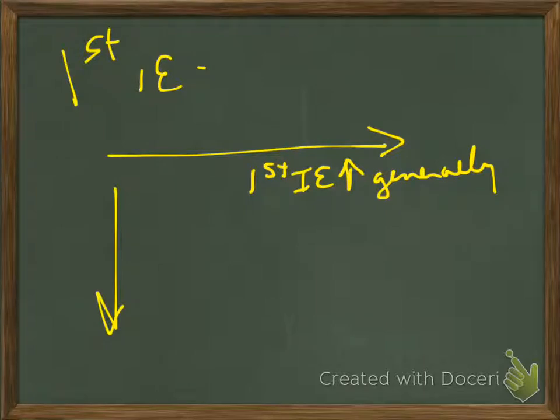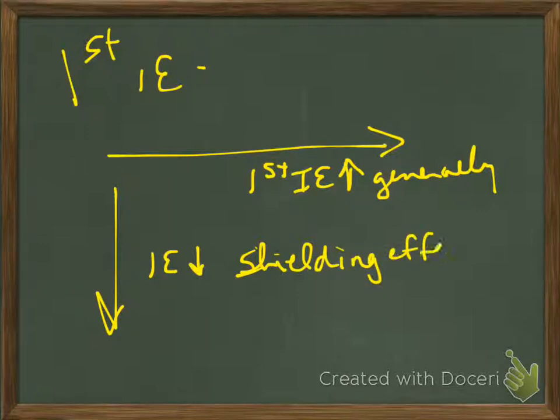Okay, ionization energy going down a group decreases, and that's because it's easier, because of the shielding effect and the attractive force for the electron being decreased by those energy layers shielding that nuclear charge from the outside electrons.